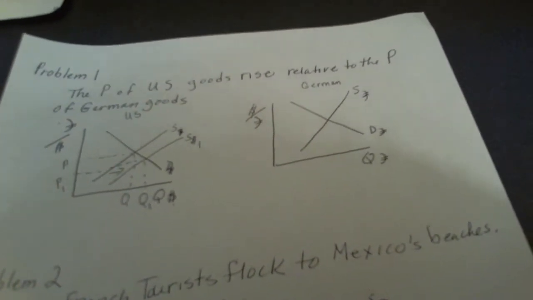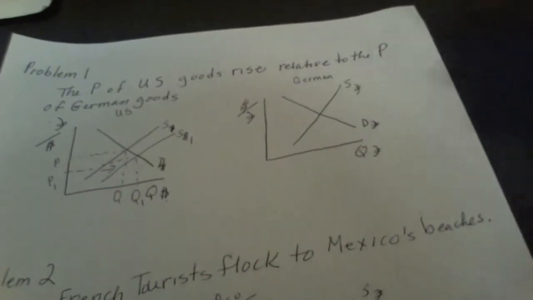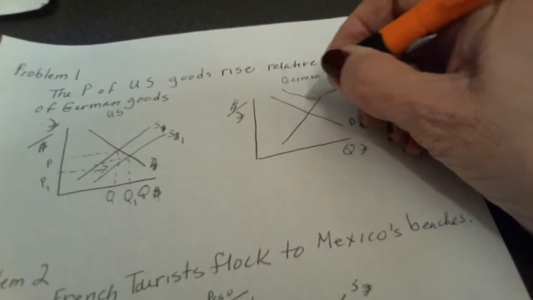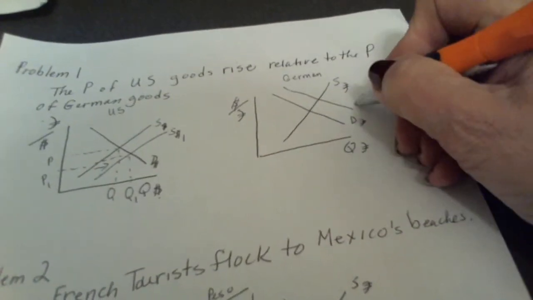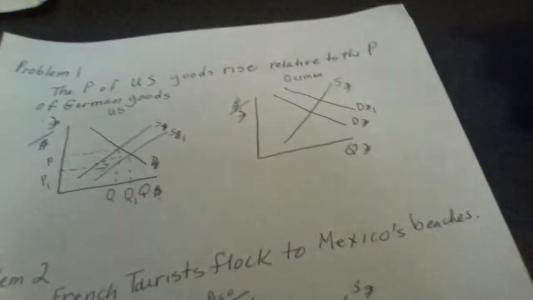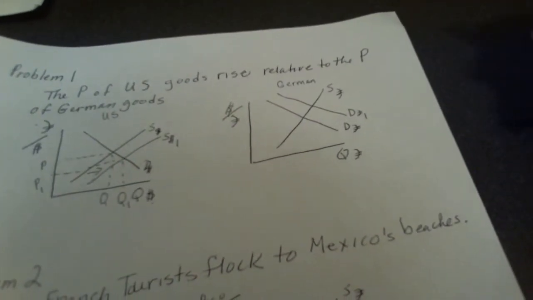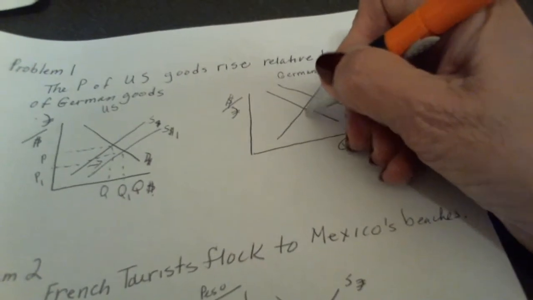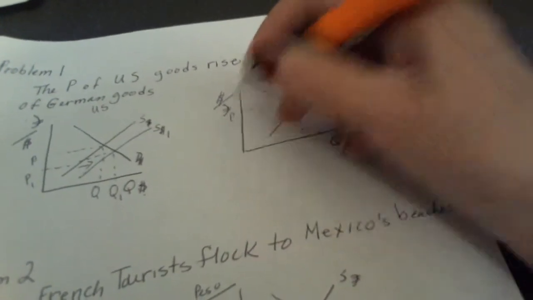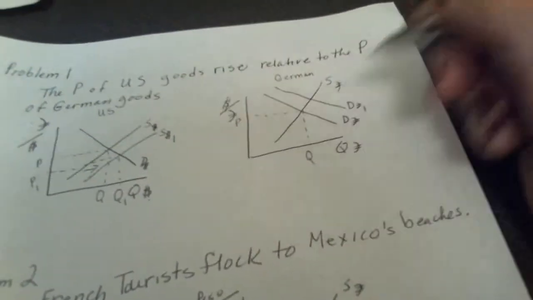Well, what happens in Germany? The euro is going to have a greater demand because Americans are going to be buying the less expensive German goods. The original price and quantity are there.